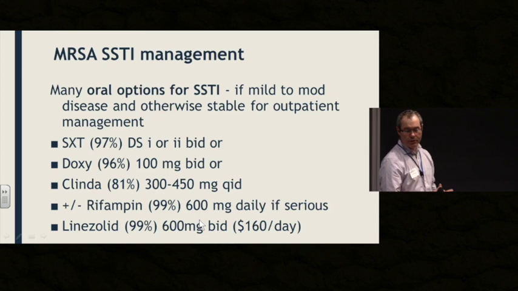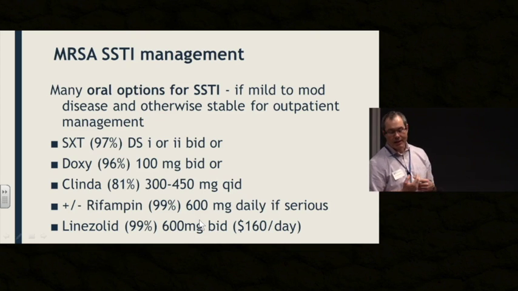So just to review, the current MRSA that's out there, our local strains, are almost universally sensitive to Bactrim. 97% are sensitive to Bactrim, 96% sensitive to Doxy, only 80% sensitive to Clinda. So if you do think something's MRSA, you're better off to use Bactrim or Doxy empirically.